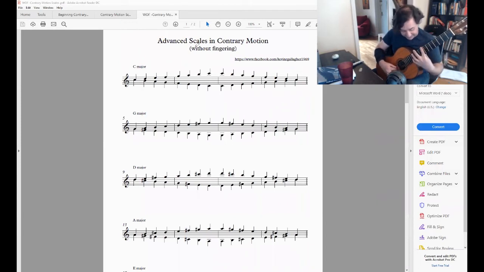Or it could be here. This requires knowledge of the guitar and also a keen interest in the scale itself. So you can start off with a scale, let's say in this position, and then base the contrary motion around that scale, right?